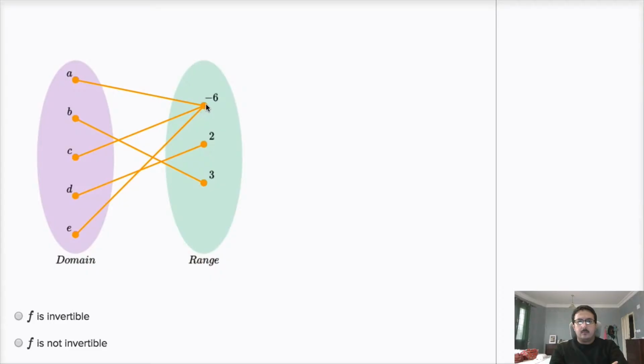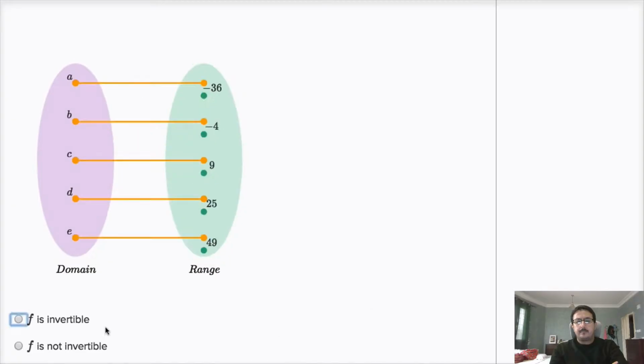If you input -6 into this hypothetical inverse function, what should it do? You can't have a function where if you input a number, it could have 3 possible values, a, c, or e. You can only map to one value. So you can't set up an inverse function that does this, because it wouldn't be a function. So this is not invertible.